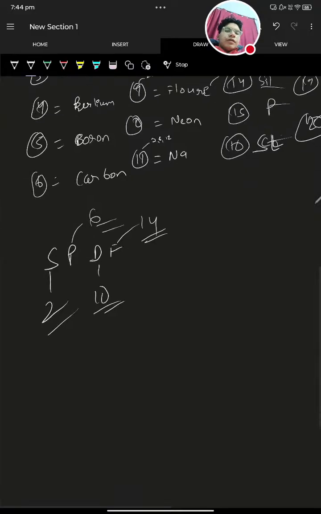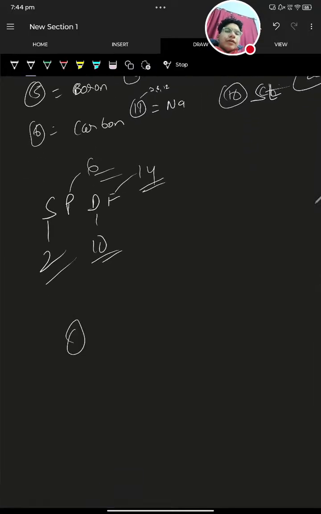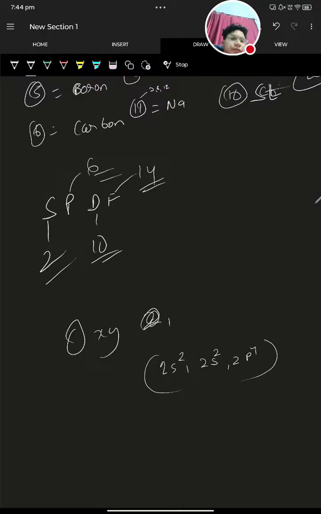For oxygen, it would be 1s square, 2s square, then 2p4.